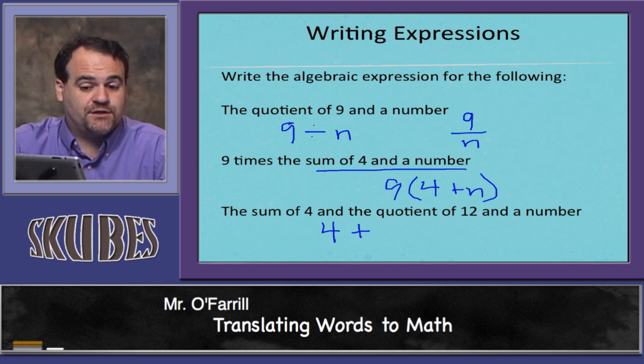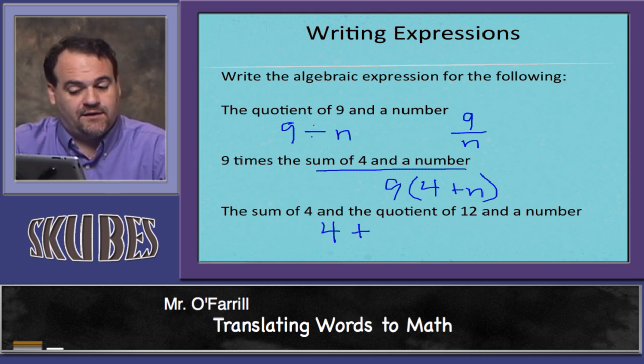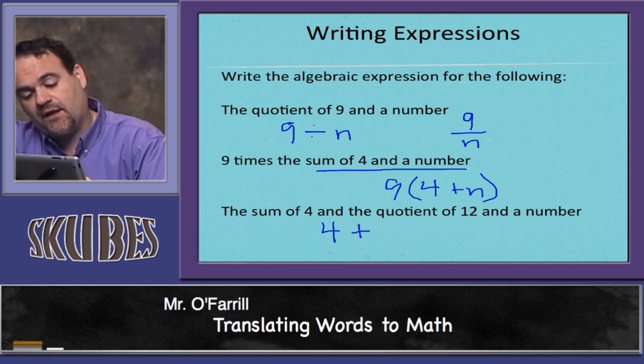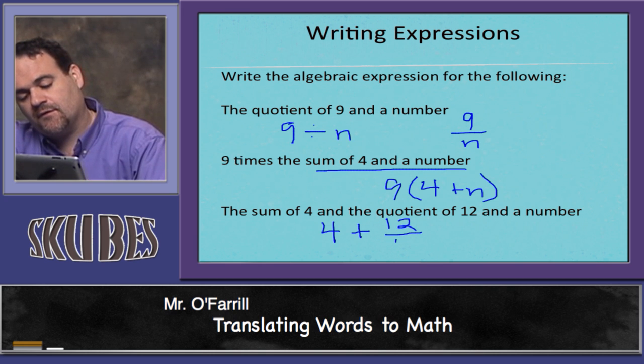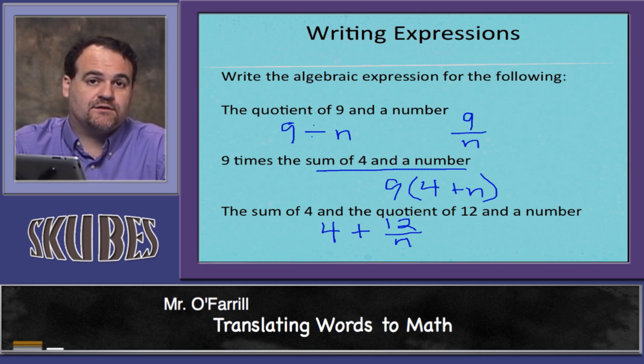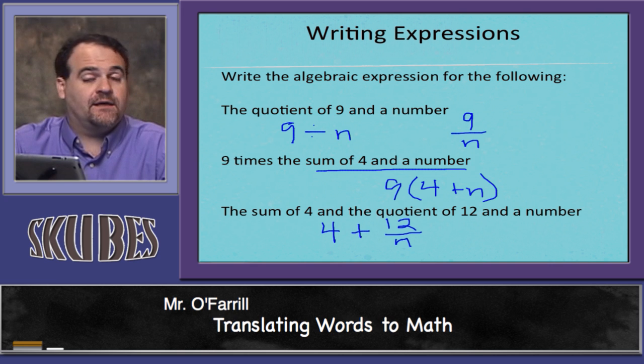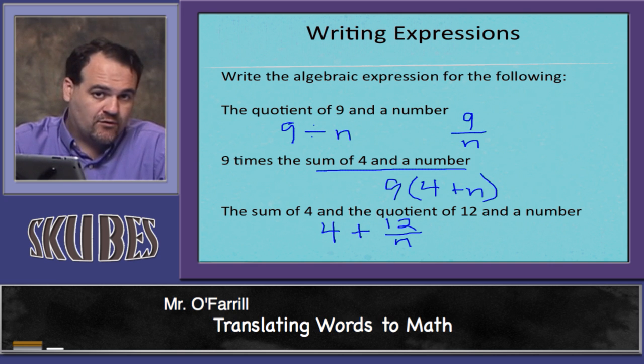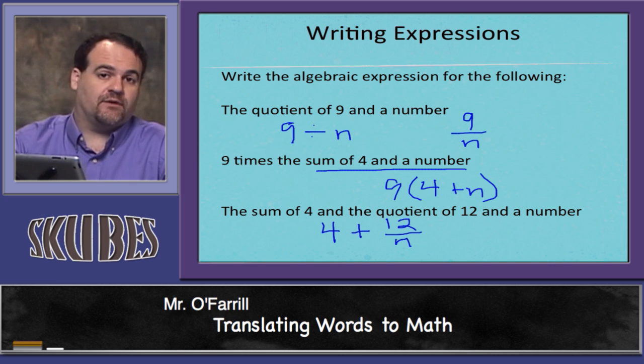The other thing is a quotient, so it's division. 12 and a number. So I'm going to write it as a fraction this time. 12 over n. 4 plus 12 over n, or 4 plus 12 divided by n. And because division comes before addition, we don't need to do anything else.